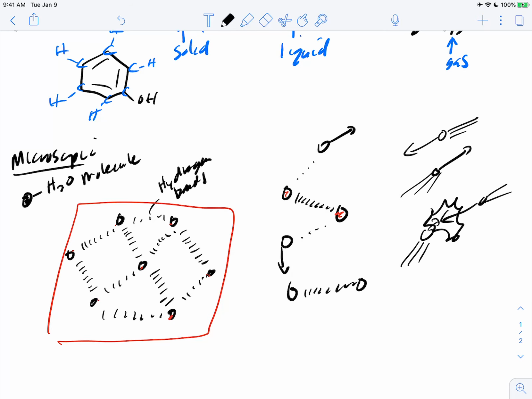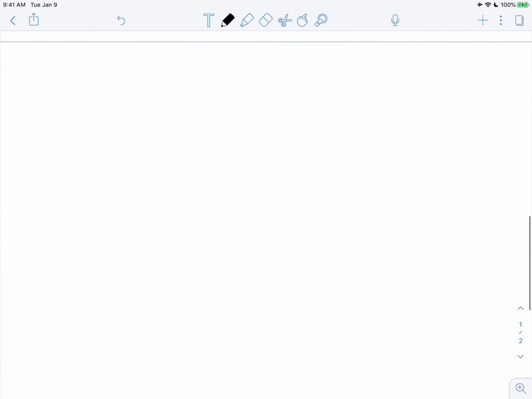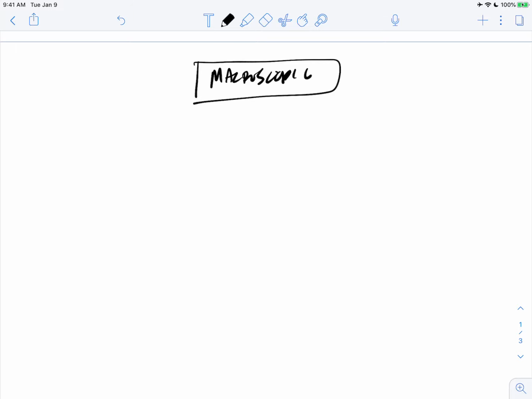Just one more example that we can do. We'll use this representation triangle looking at salt dissolving. So we'll do the macroscopic, we will have the microscopic, and we will have the symbolic.